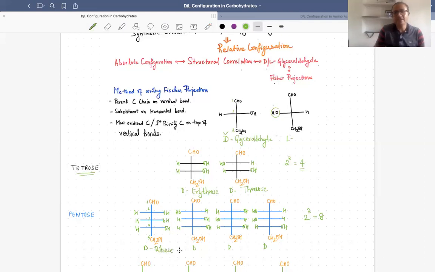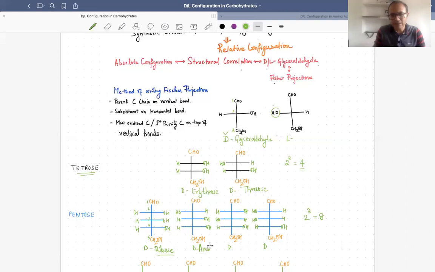So you can remember: when all the OH groups are on the right side, we say it is ribose. When C2 carbon has the OH inverted, changed, we call it arabinose. So this is nothing but your arabinose.